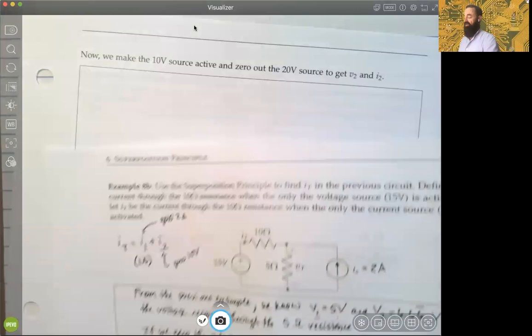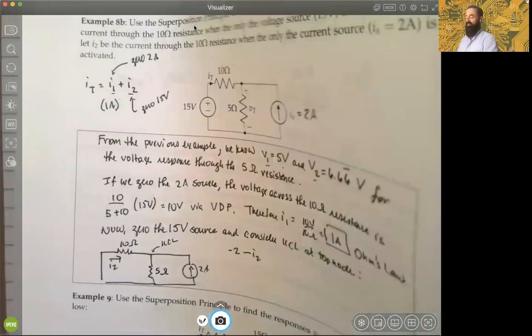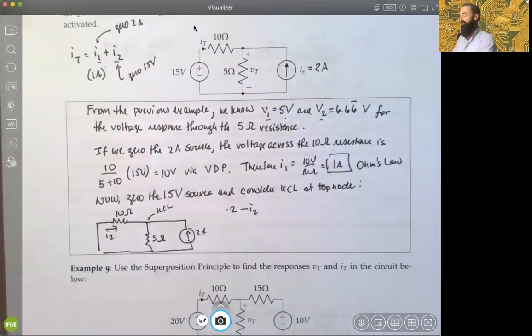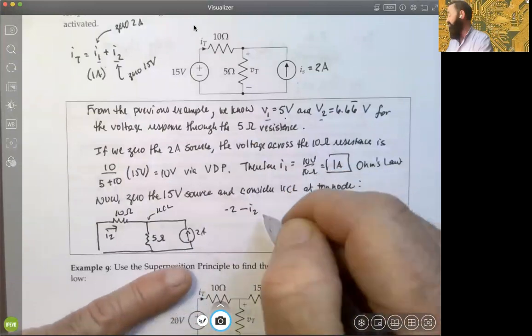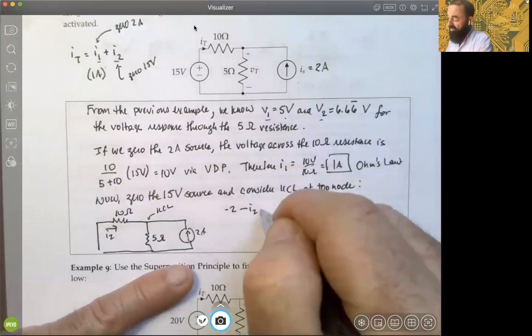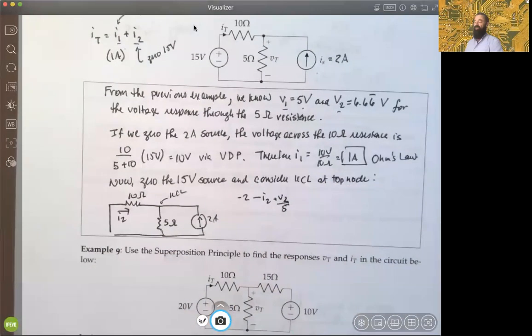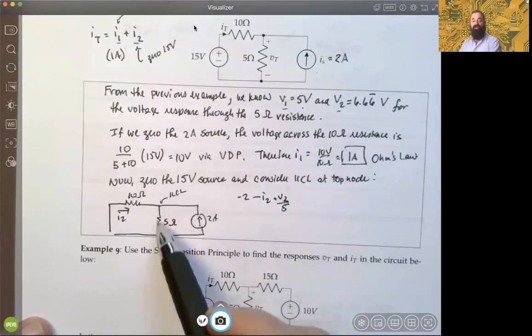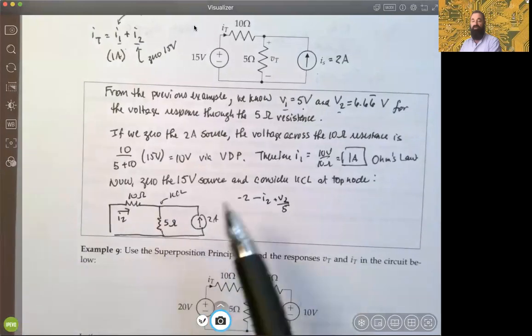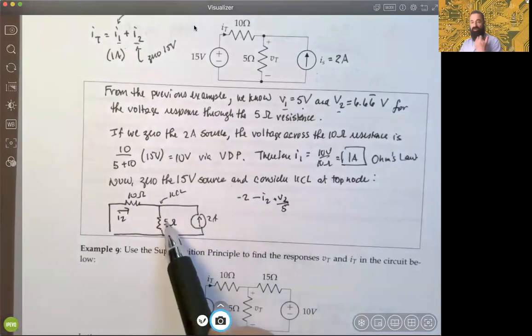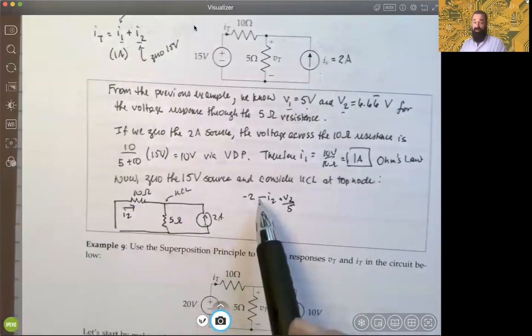All right, so I will have V2 plus V2 divided by 5, okay? Because that must be the current coming out. Again, that's just Ohm's law, right? We already know that the voltage response in this situation is V2, and if I know the resistance, then I have a current representation.